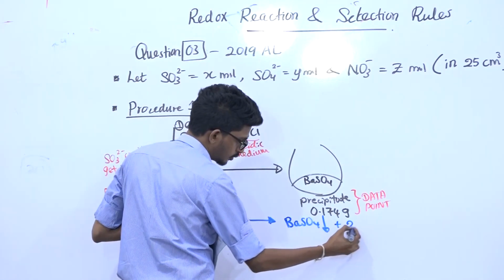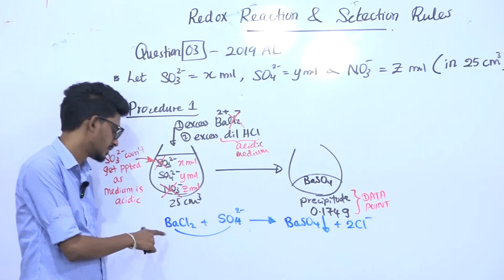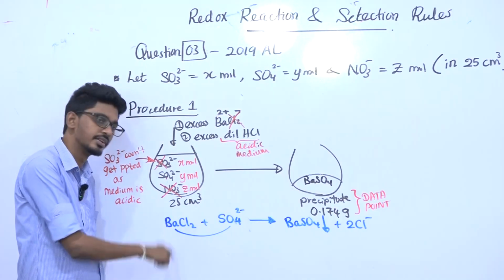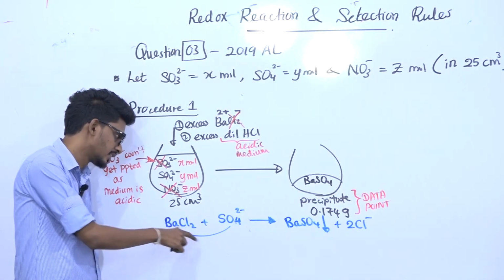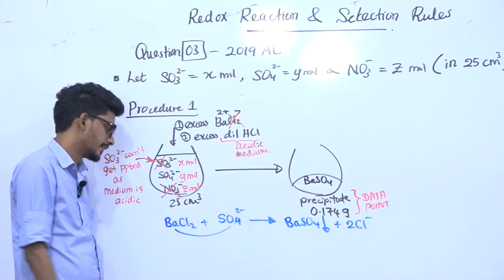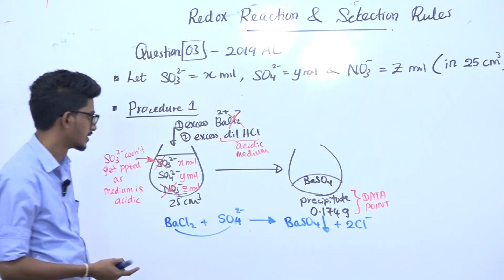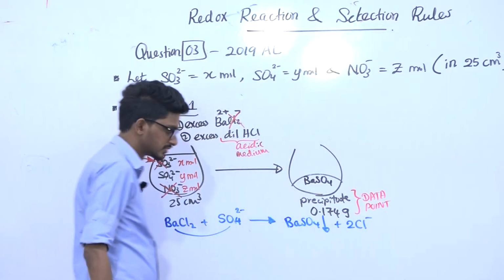So you have to write it as 2 Cl minus, right? You have 2 kinds of ions, Ba2 plus and Cl minus. Every reaction should be charge conserved as well as mass conserved, so for the charge conservation it should appear as 2 Cl minus, minus 2 charge.